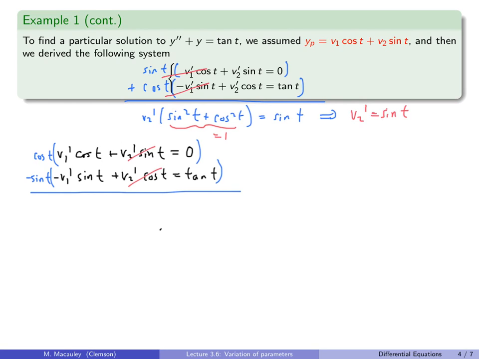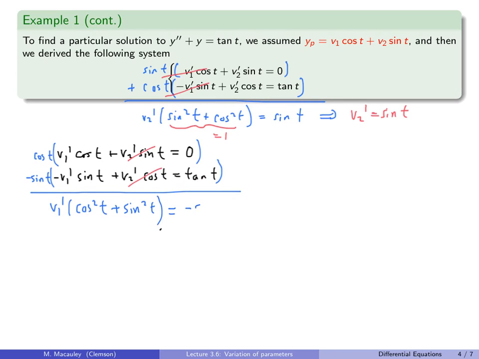Now, the v1 primes, what do we get? We get v1 prime times cosine squared of t plus sine squared of t. And now we have 0 minus sine t times tangent. What's sine times tangent?